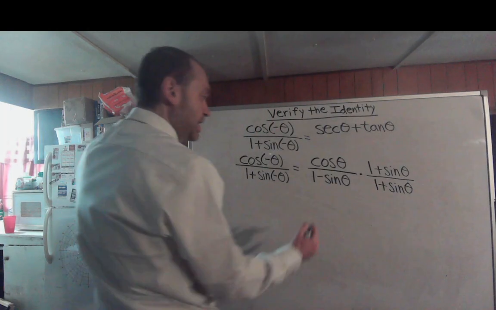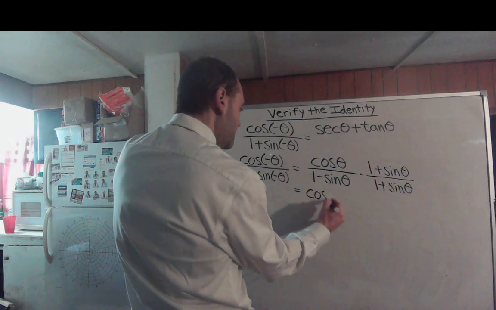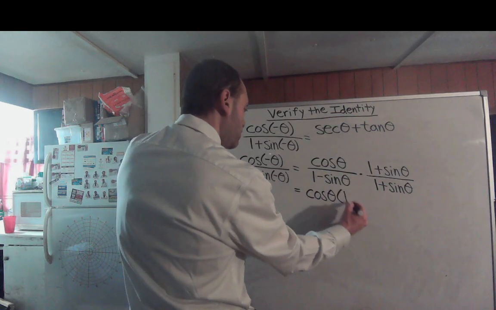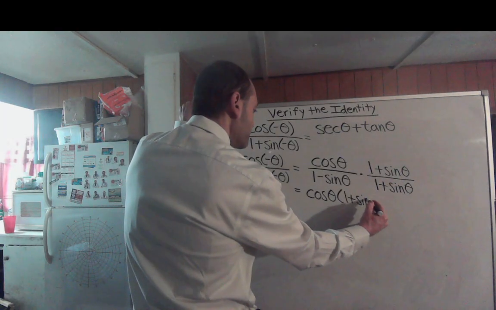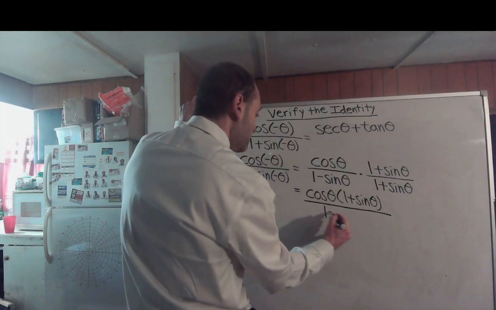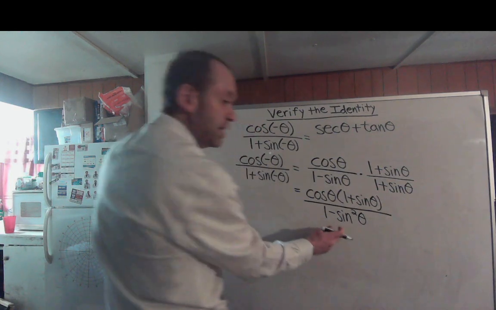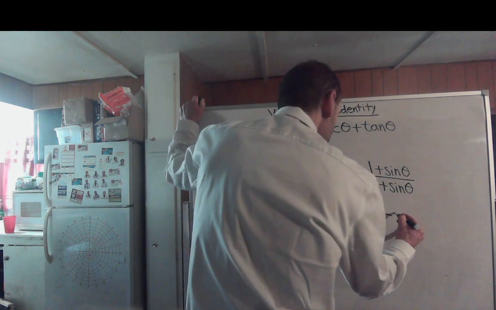All right, so now in the numerator you'll have the cosine of theta times the quantity of 1 plus the sine of theta all over 1 minus sine squared of theta. Well, 1 minus sine squared, that just becomes cosine squared.